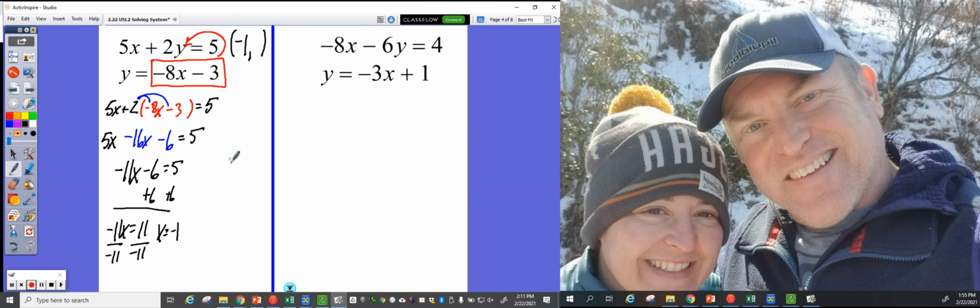We have to find the y. So I'm going to take this negative 1 and plug it back in here for x. So we have y equals negative 8 times negative 1 minus 3, which gives me a positive 8 minus 3, which gives me 5.